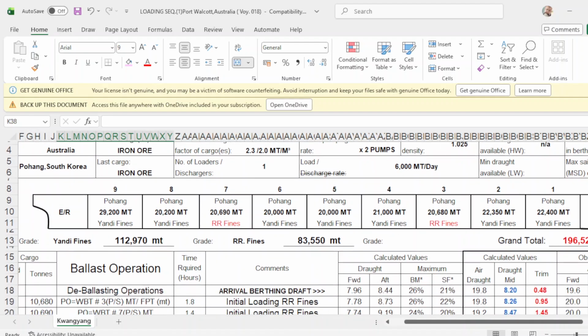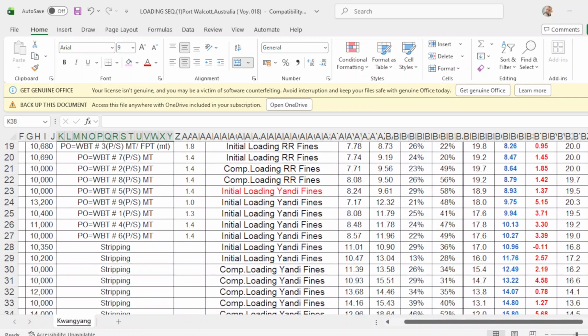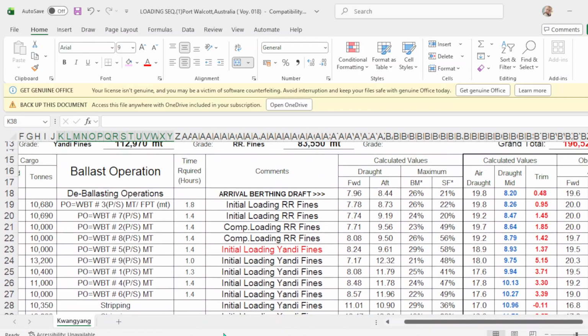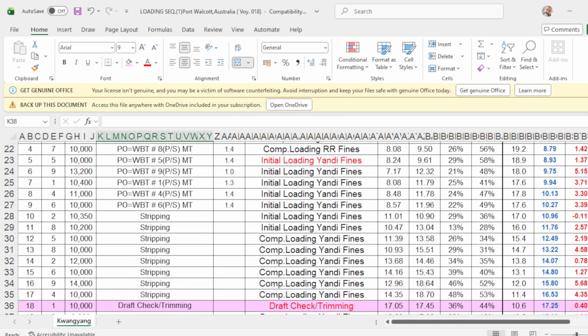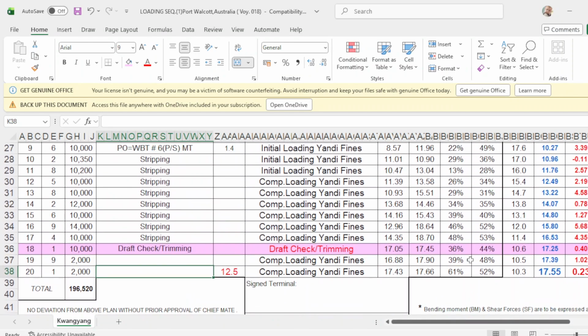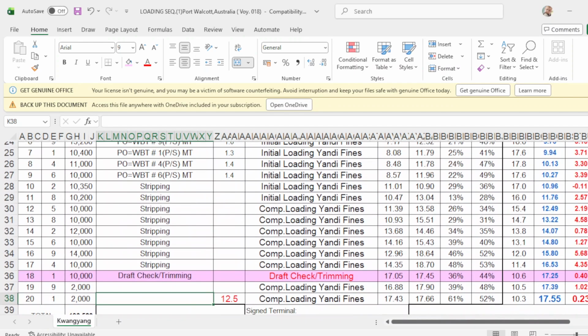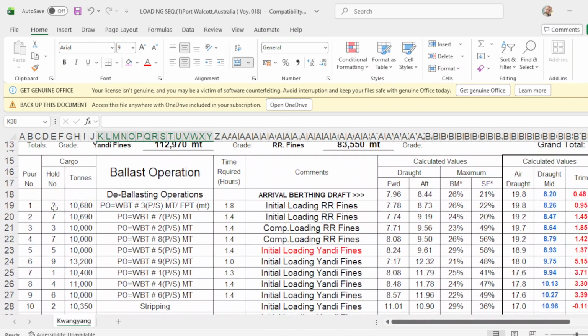And this is the sequence. This is the number of pour from 1 to 20, and this is the number of holds to load, and these are the quantity of cargoes to load in each hold.